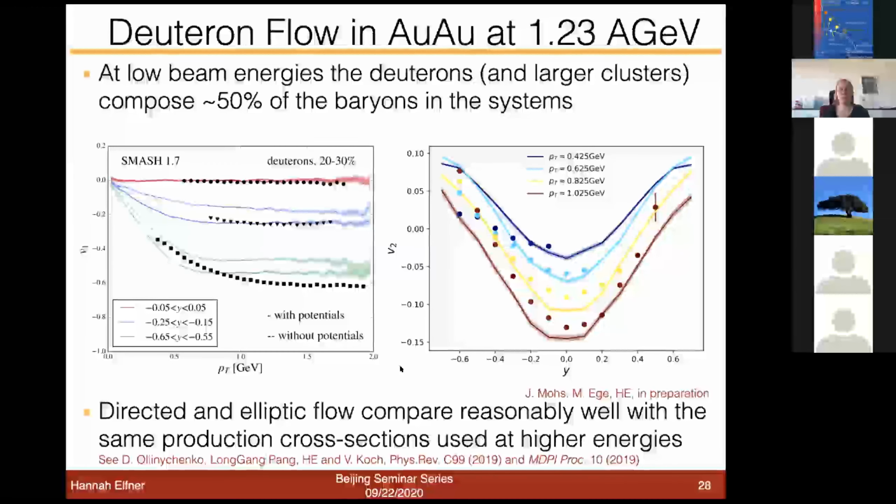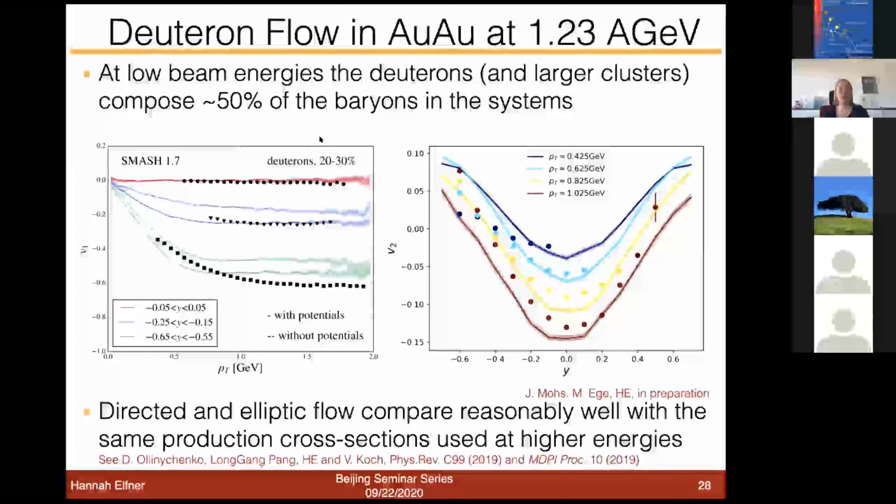Now, what we can also do and what we're currently working on is to look at the particles in the light clusters, so to say. So the deuterons, for example. The light clusters are of quite some interest in the community. And so we had here in this seminar series, Dmytro Oliinychenko give a talk a few weeks ago on this topic. So I don't want to repeat the whole story here, but he implemented some mechanism to microscopically produce deuterons in our SMASH transport approach. And he applied it for final state rescattering at high energies. Now recently he put a paper out also on the beam energy scan with that approach.